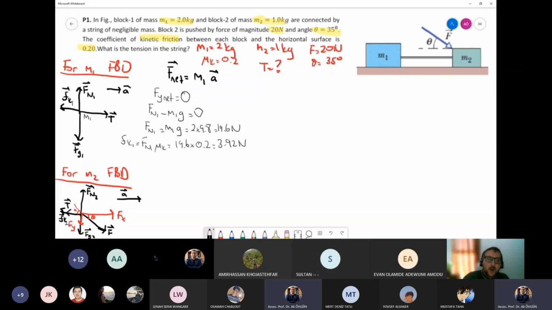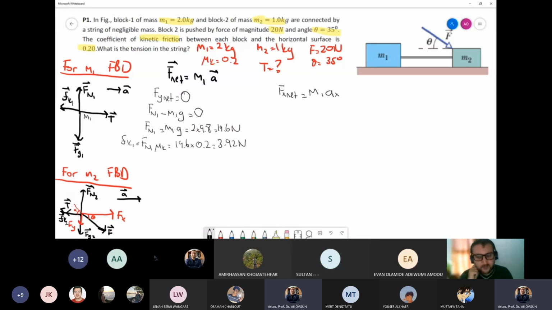After that, let's write the x direction. Fx net is equal to M1 a, because it is moving in the x direction with acceleration.